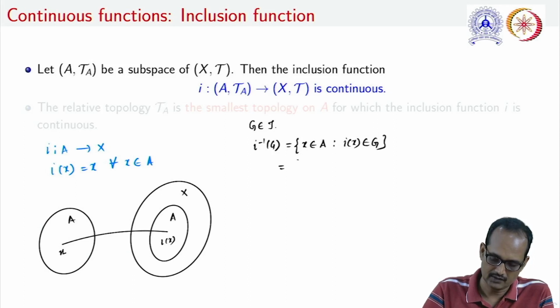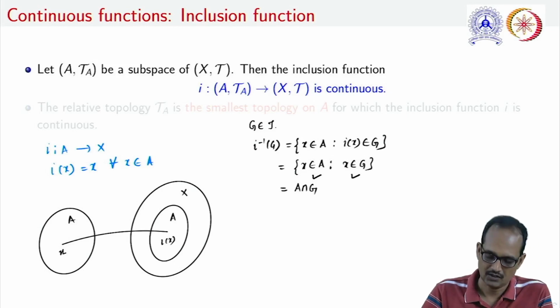That is, this is the collection of all those x belongs to A such that x belongs to g, or the collection of all x which is common to A as well as g, and therefore this can be written as A intersection g. But note that A intersection g is always a member of tau A. Thus, the inverse image of a tau open set is a tau A open set, and therefore this map I is continuous.